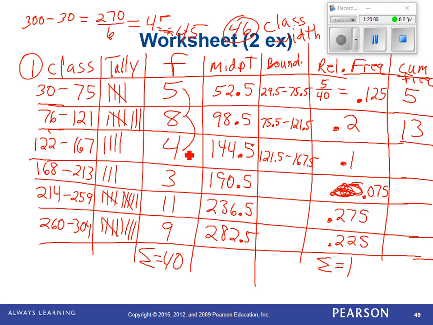Then add that onto it. 13 plus 4, 17. 17 plus 3, 20. 31. Plus 9. What should we end up with there at the end? 40. Our total.